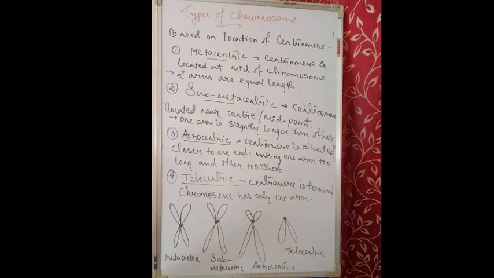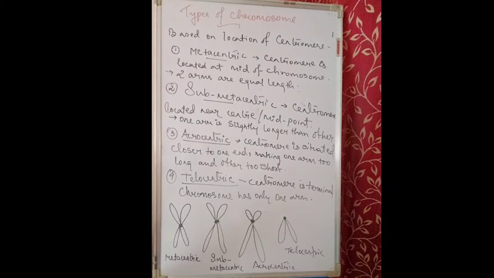In submetacentric, the centromere is not at the center point. It is located towards one end, making one arm a little longer than the other, so both arms are not of equal length. Third is acrocentric. Here the centromere is located closer to one end, making one arm too long and the other too short.